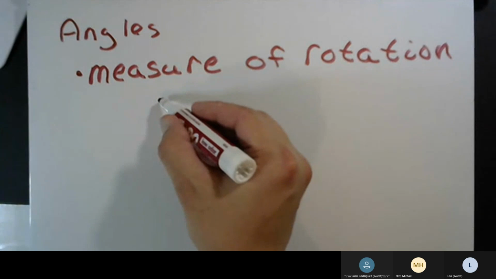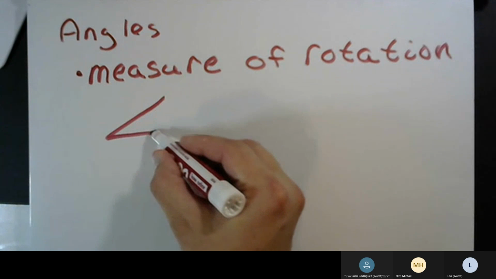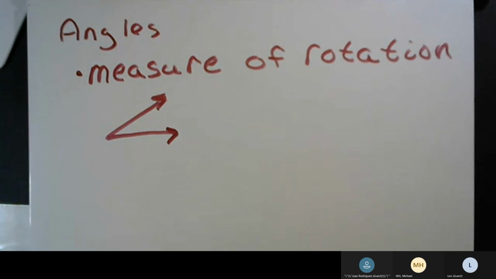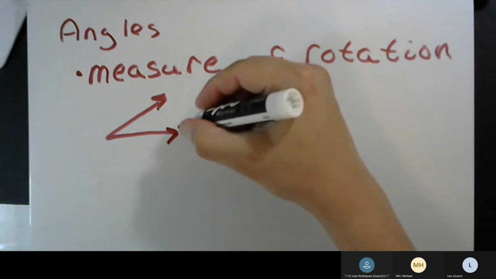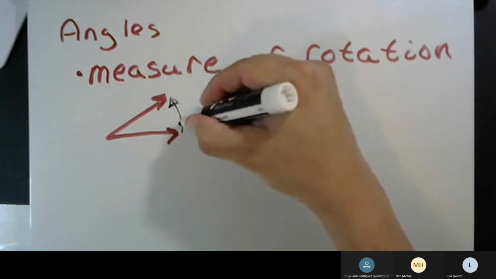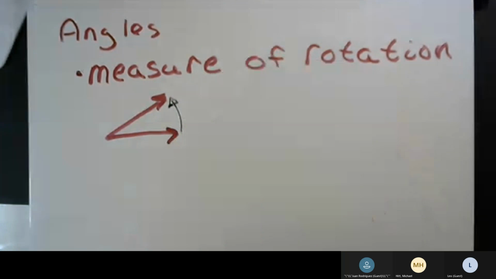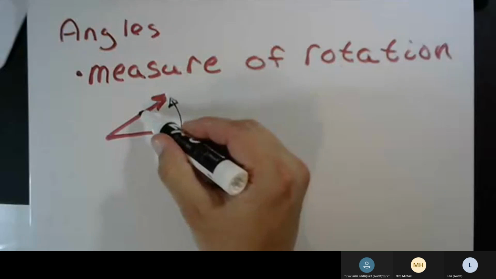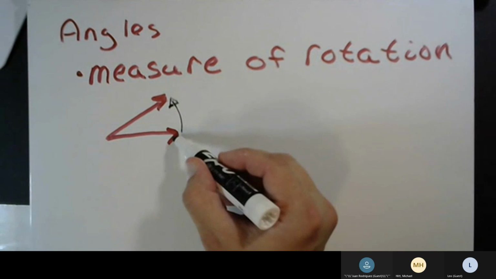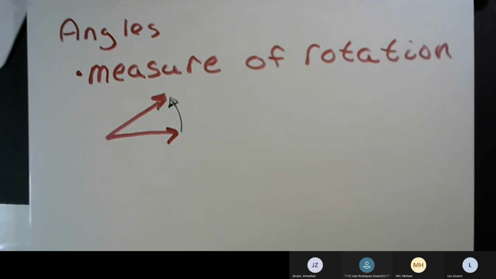So we could have something like this, and you typically see angles expressed like this. And you'll see another arrow that indicates that this here, oftentimes we'll call these legs. This leg was actually resting on this one, and then it rotated upwards.